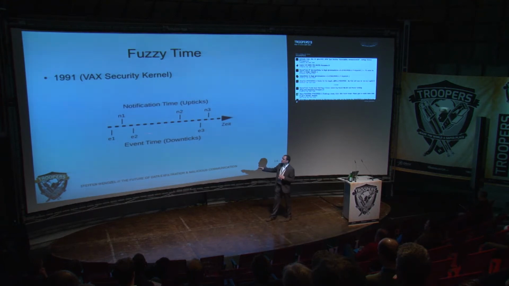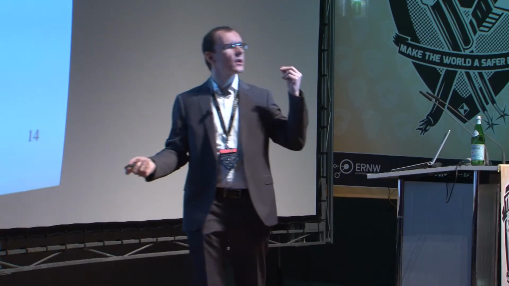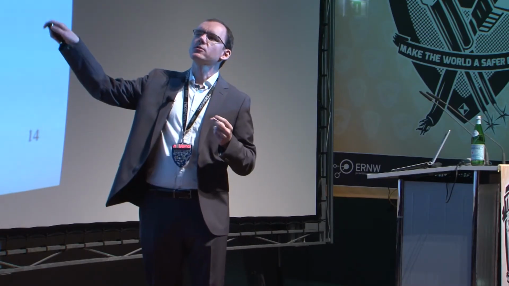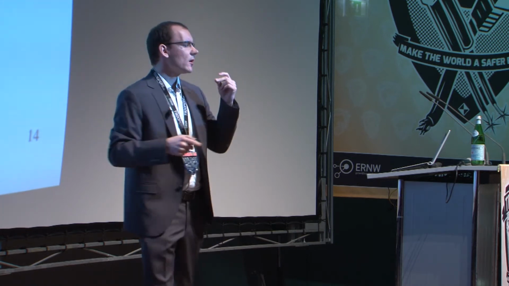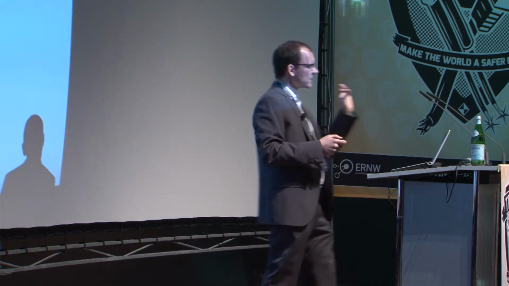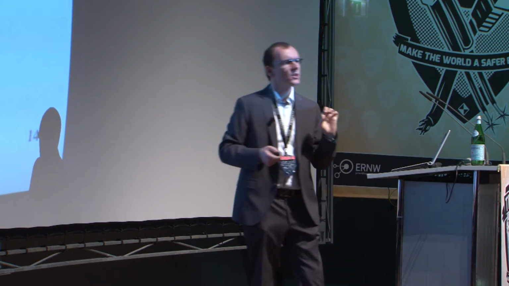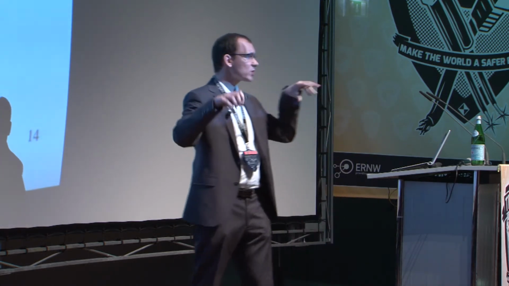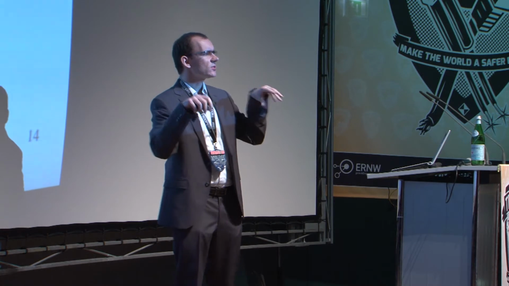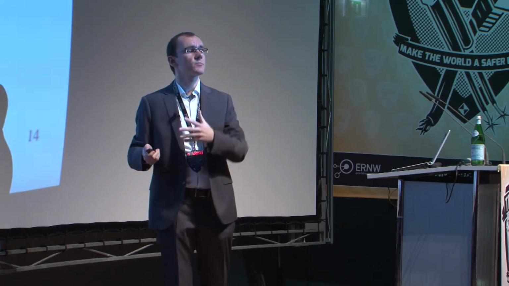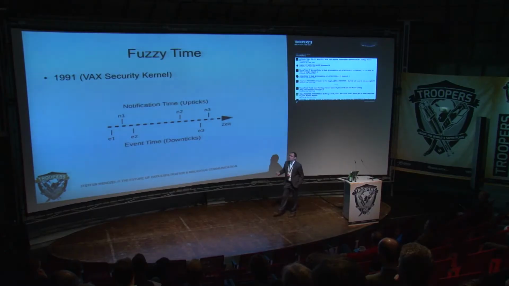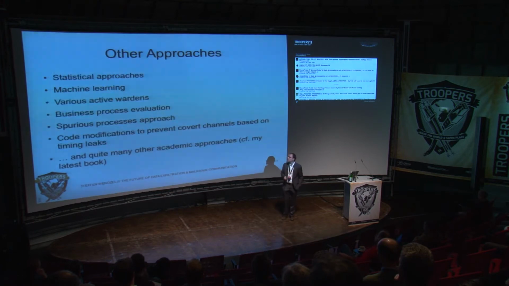So the host system has knowledge about the real time at which events occur, but the virtual machines are notified with a slightly incorrect time. So the synchronization between the covert channel sender and receiver is not accurate, which limits the covert channel capacity in 1991. And that's amazing. We can use all these old approaches even today.